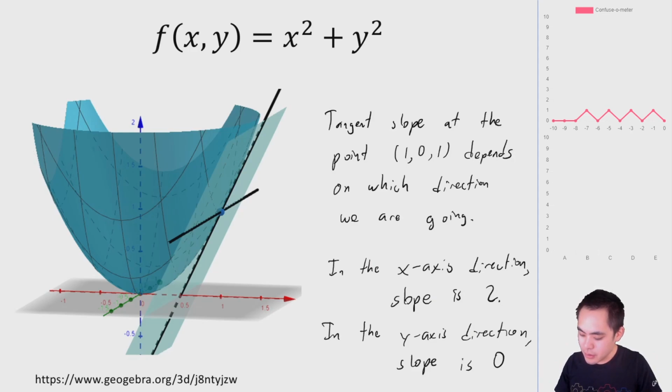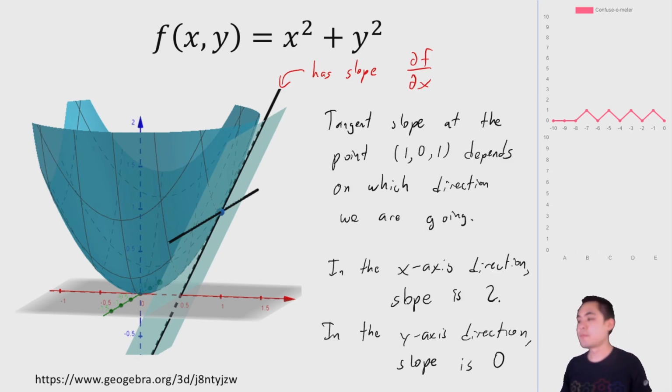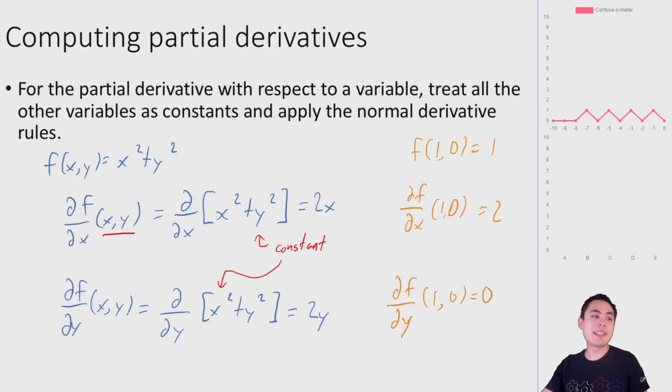So this line has slope del f by del x, which at that point is equal to 2. And the other line has slope del f by del y. Okay, so that is how we compute them.